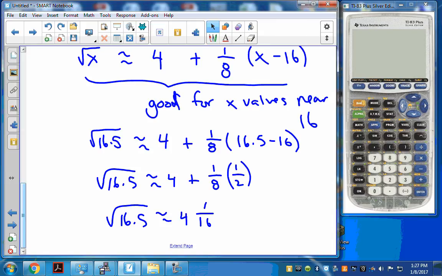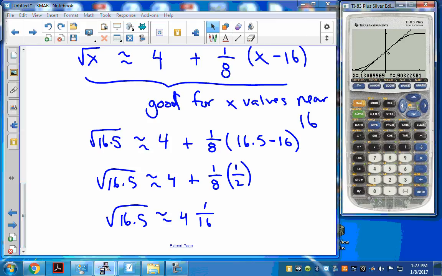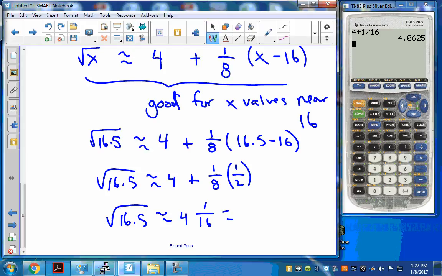Okay, just so that we're comparing this with what we know on the calculator. Let's see, 4 plus 1/16 is this decimal, 4.0625.